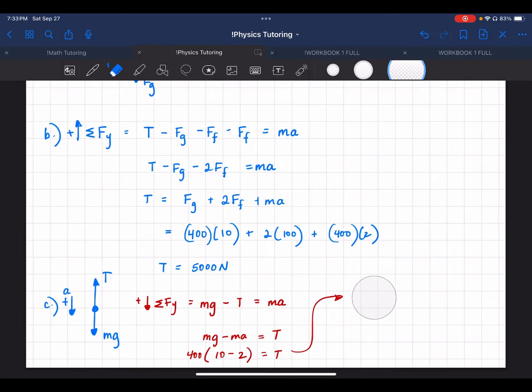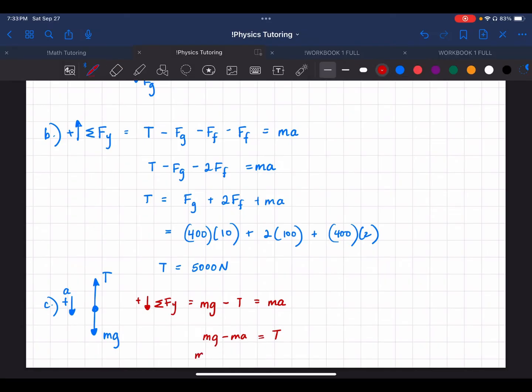I'm looking for mass. So mass, the other way. Sorry, 5,000 divided by 10 minus 2, which is going to give me 625. There we go. Okay.